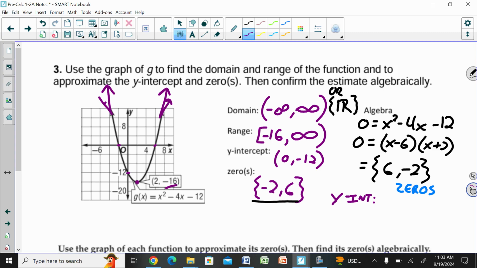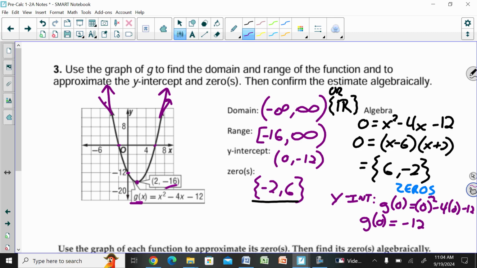So let's say it's a g function, right? So let's say I go g of 0 equals 0 squared minus 4 times 0 minus 12. Okay, well, you can see there, obviously, 0 squared is 0, minus 4 times 0 is 0.